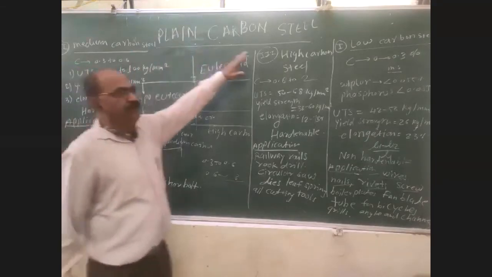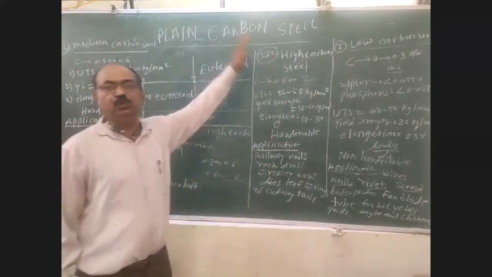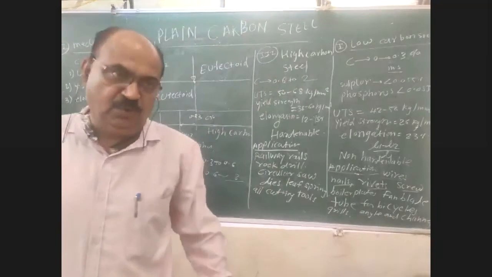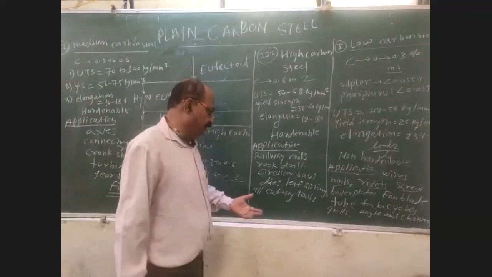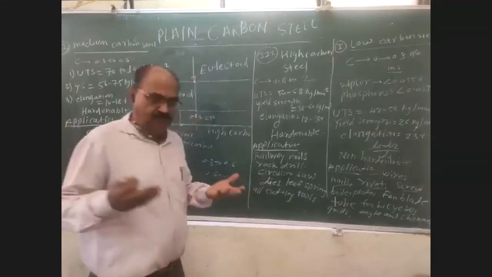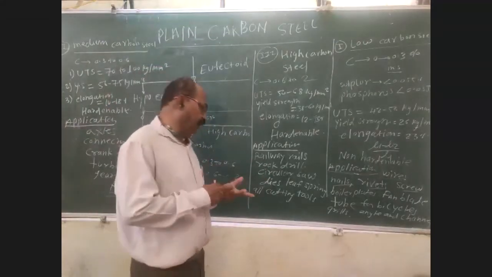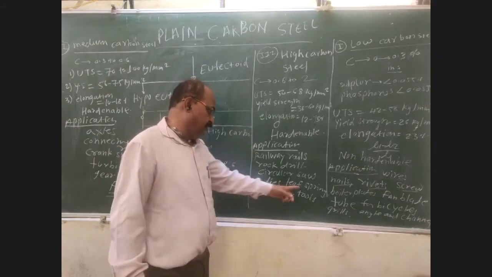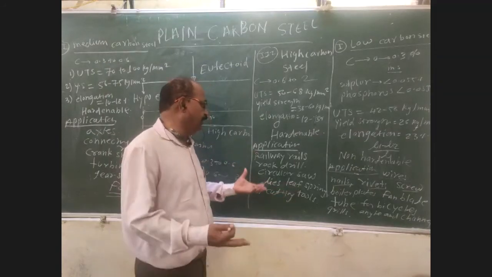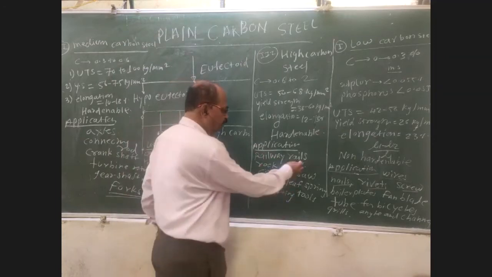Then high carbon steel, this is related to tools. Tools may be different types of press tool dies, bending dies, then cutting tools, taps, drills, then reamers, then milling cutters, leaf spring, hacksaw, bend saw, railway rails also.